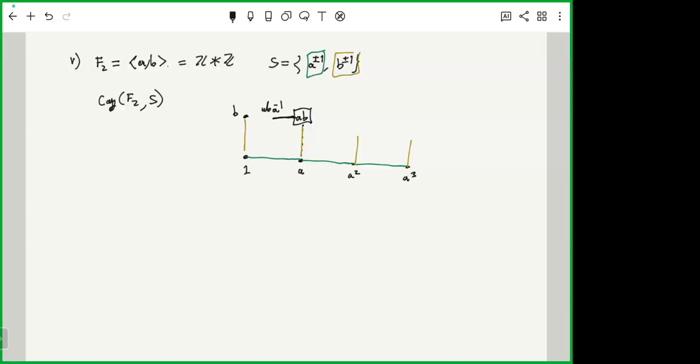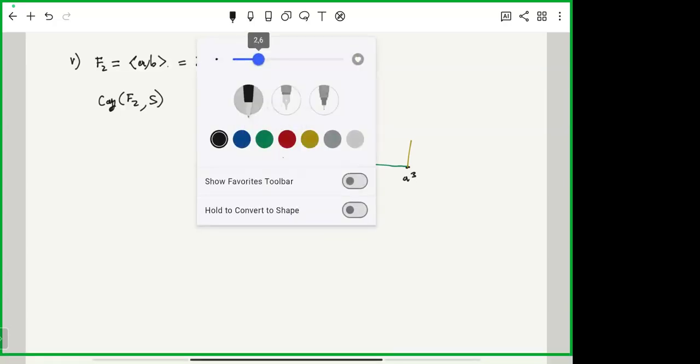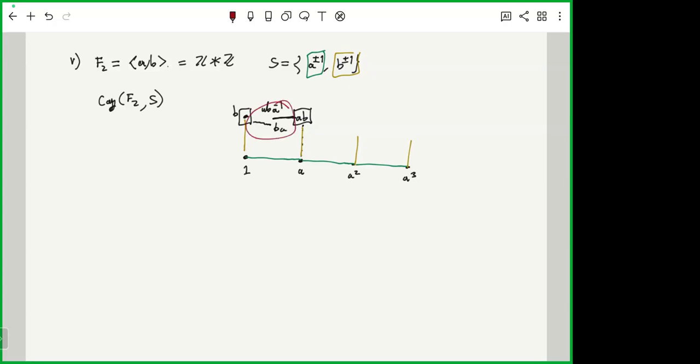But now say that I'm here at B and I want to multiply by A. So according to this way of representing the Cayley graph, I should get here something like BA. It doesn't fit, right? So these two are clashing together if I try to respect those distances.